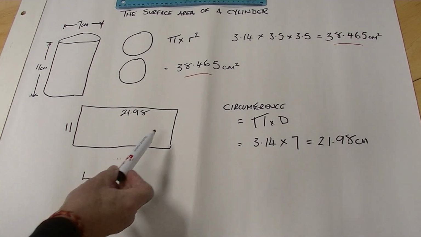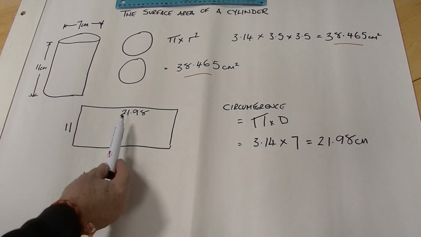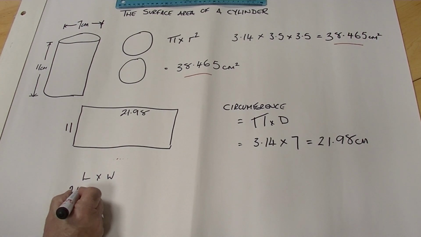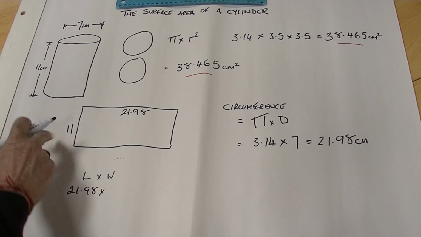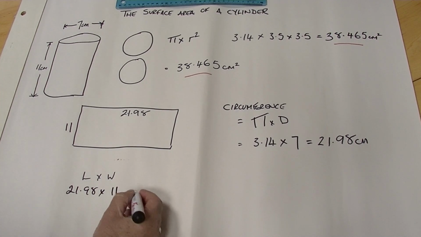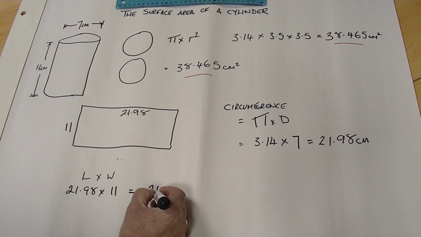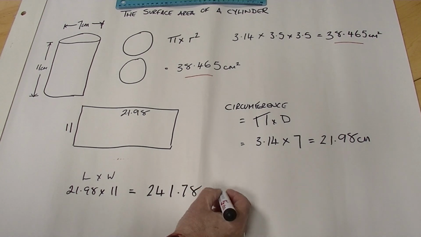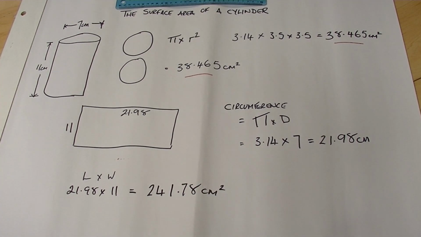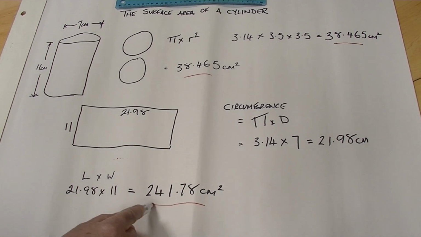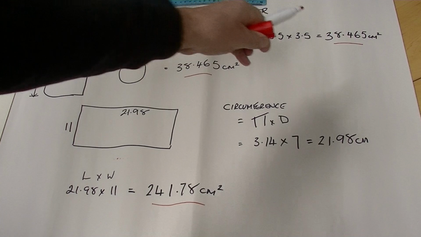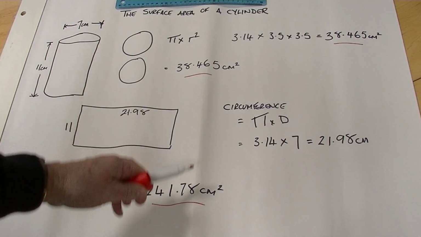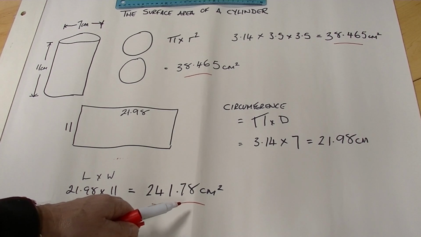So now we can work out the area of the rectangle. 21.98 multiplied by 11 is 241.78 centimetres squared. Now we've got all the measurements we need. We've got the top and the bottom of the can. We've got the side of the can, the label, the actual cylinder part.